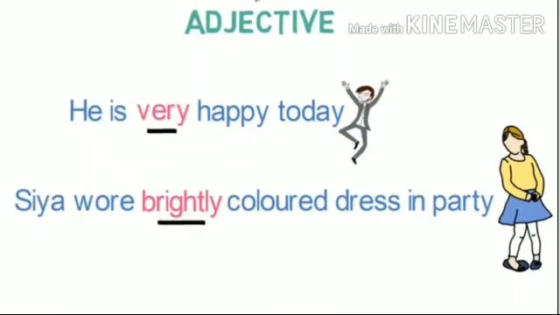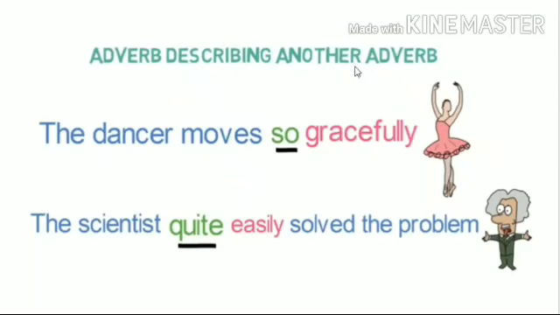Alright, now that you understood the adverbs that describe an adjective, let us now look into some examples of adverbs that describe some other adverbs. Adverb describing another adverb. Let us read the first example. The dancer moves so gracefully.